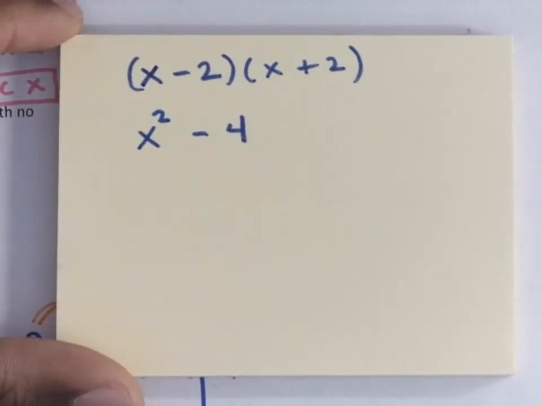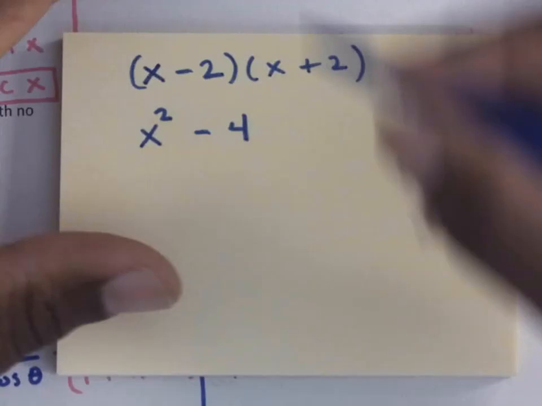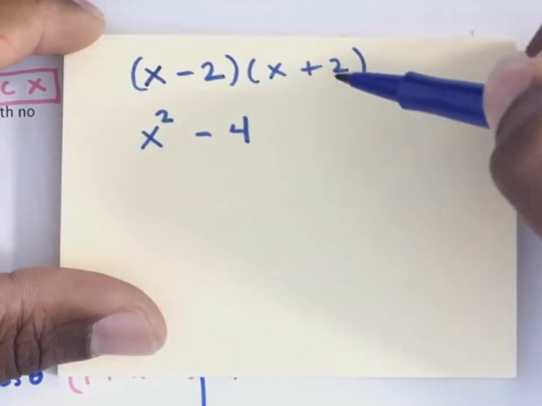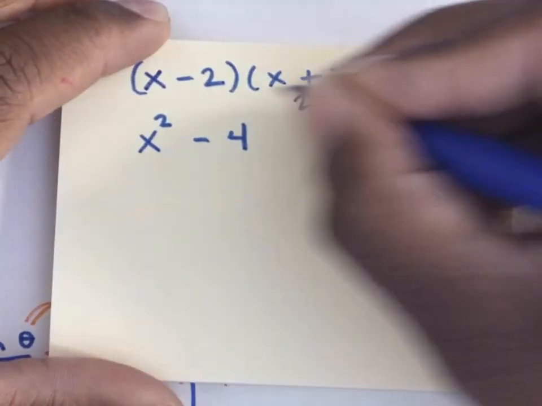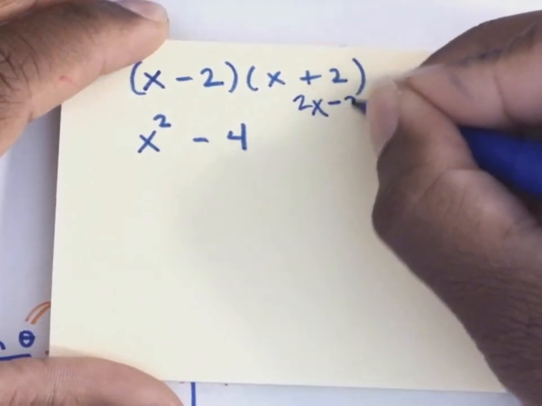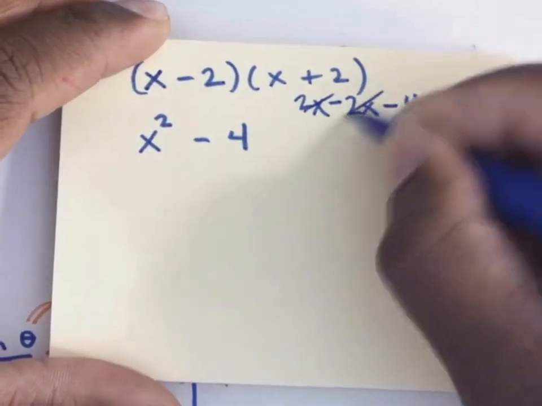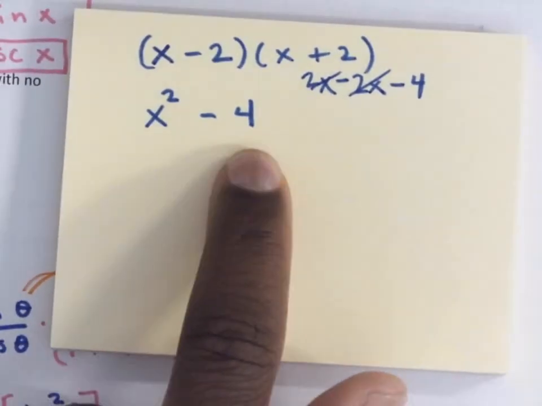Because they cancel. If I were to foil this, first times first, x squared, outer times outer, 2 times x, inner times inner, negative 2 times x, and then last times last, negative 4, these middle terms cancel out. So what I'm left with is just x squared minus 4.